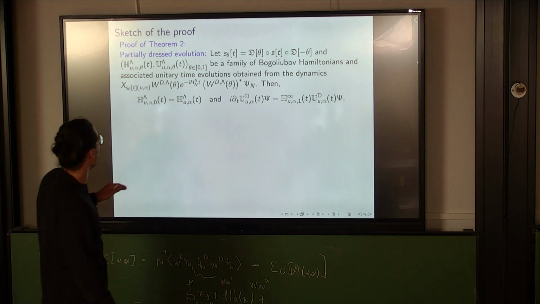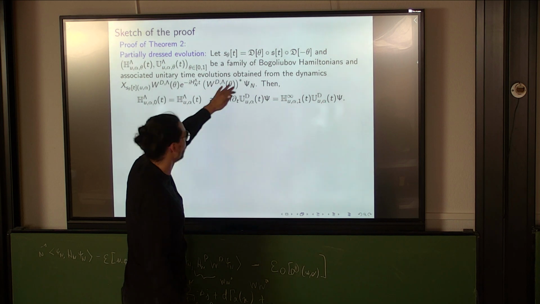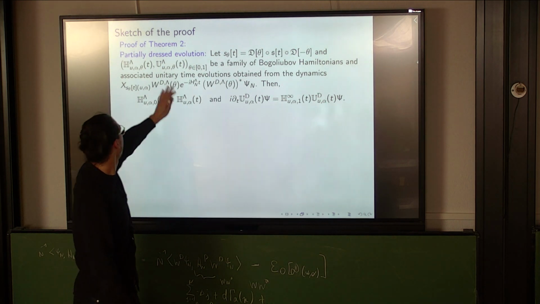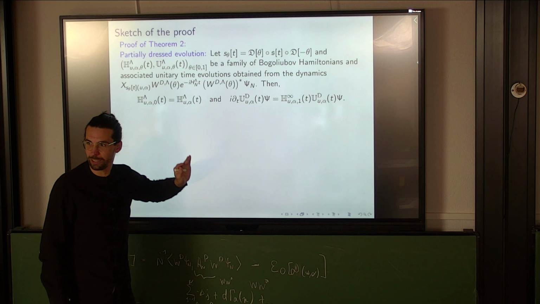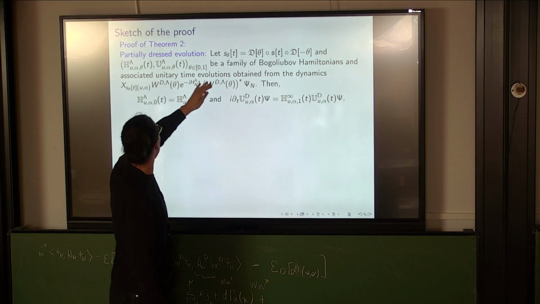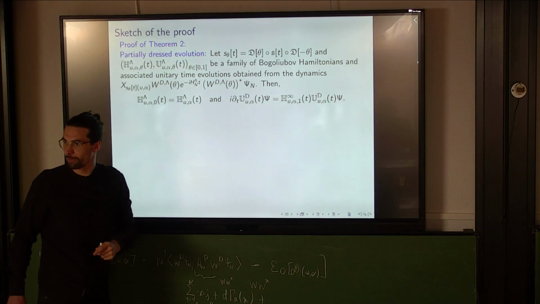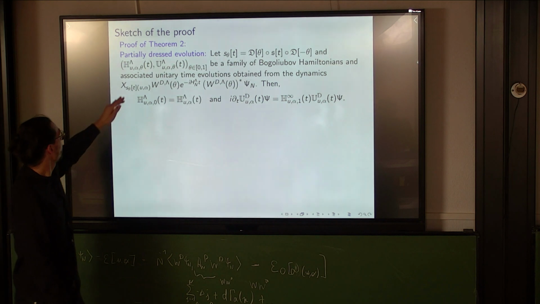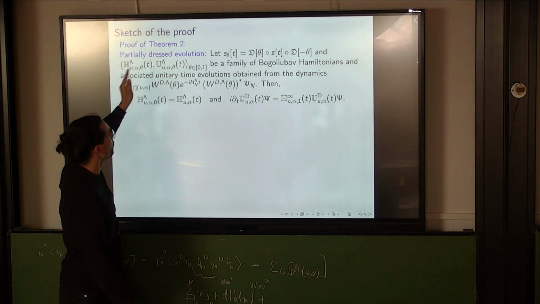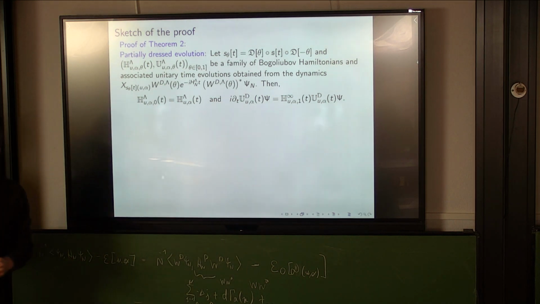And then I can also look at the dressing, where I now had to introduce a cutoff lambda, but that's not so important, and then consider the time evolution of the partially dressed evolution. And this gives rise to a partially dressed Bogoliubov Hamiltonian and the corresponding unitary time evolution.